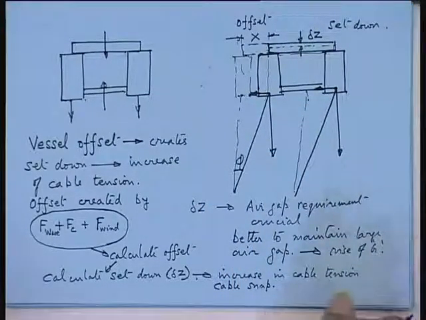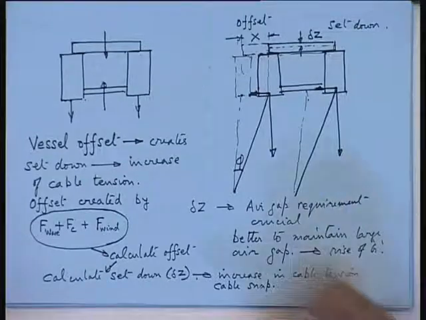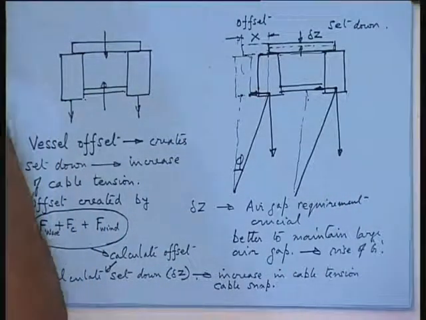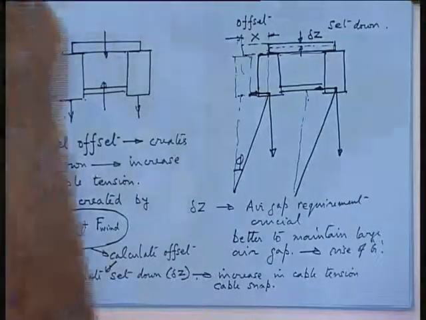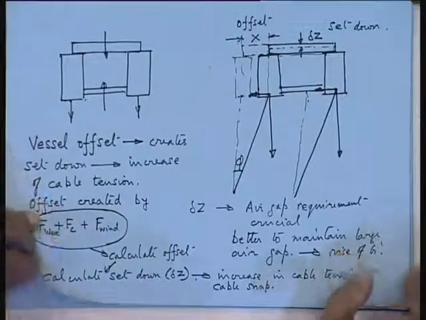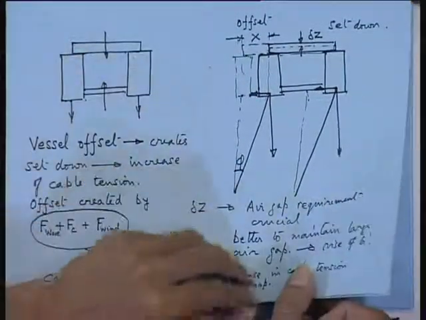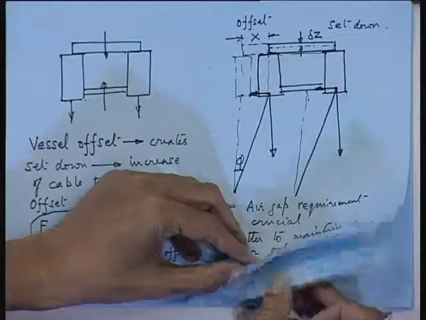So, this you will find in the next equations, you have to calculate what is the increase in the offset. Now, so change in displacement we have found out. Now, you find out the cable tension.